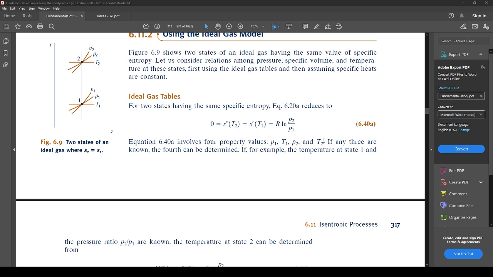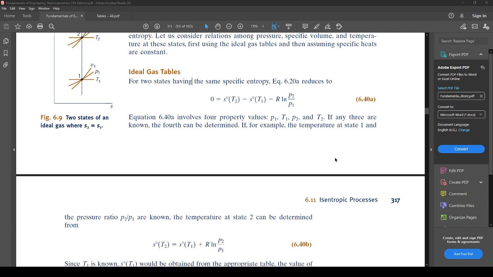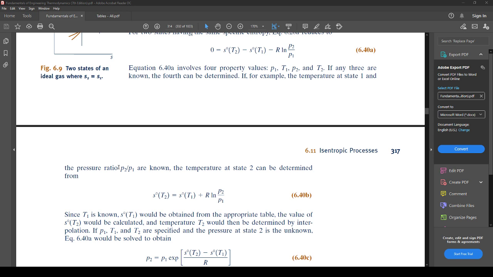Then it says equation 6.40 involves four property values, P1, T1, P2, T2. If any three are known, the fourth can be determined. If, for example, the temperature at state 1 and the pressure ratio P2 over P1 are known, the temperature at state 2 can be determined from this. Essentially, you know this, and you know T1.